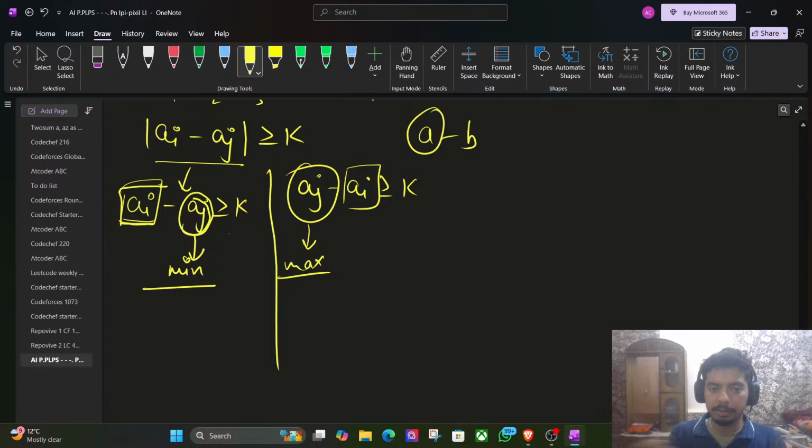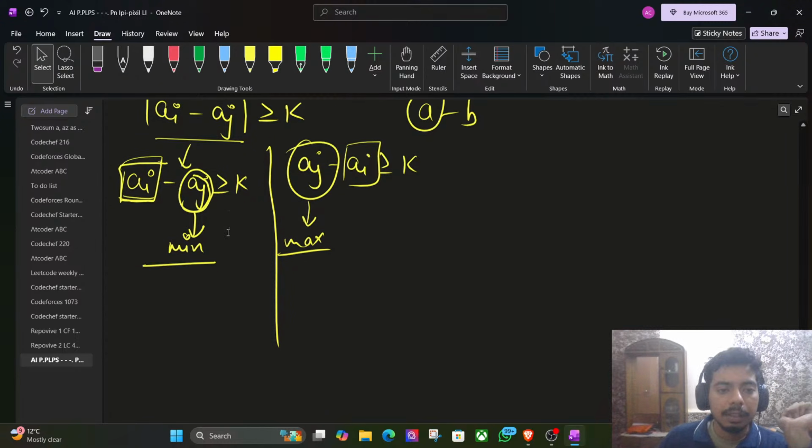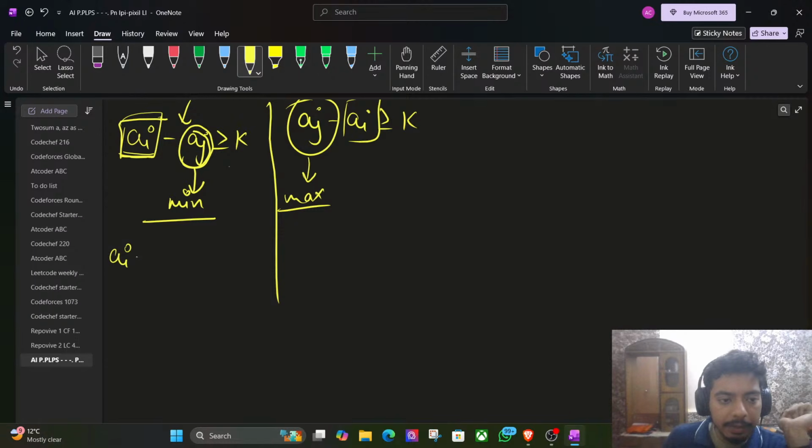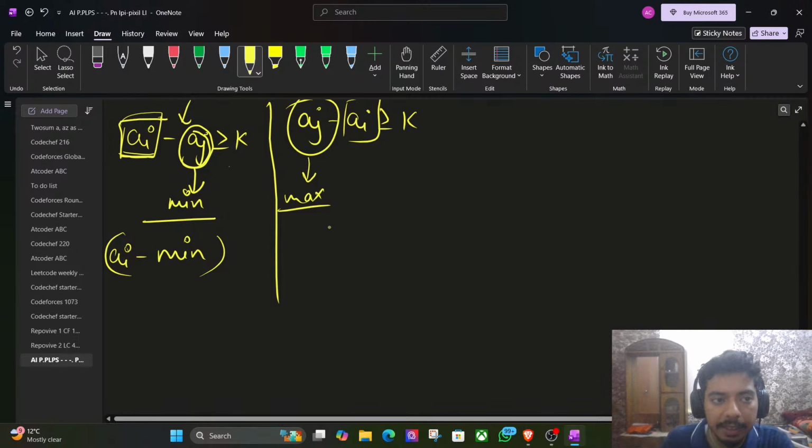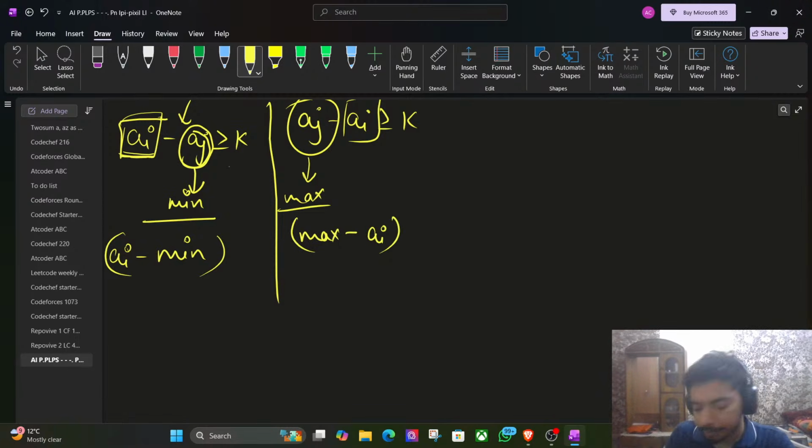I can take a very large value, then subtract that particular ai from it, because ai is fixed for me. Then the answer is as large as possible, and it cannot exceed more than that. Okay, so I know now what I have to do for these conditions. I will do ai minus the minimum element, and for this I will do maximum element minus ai.